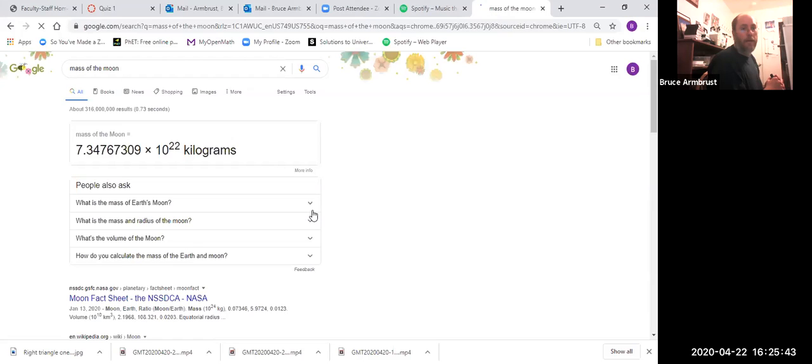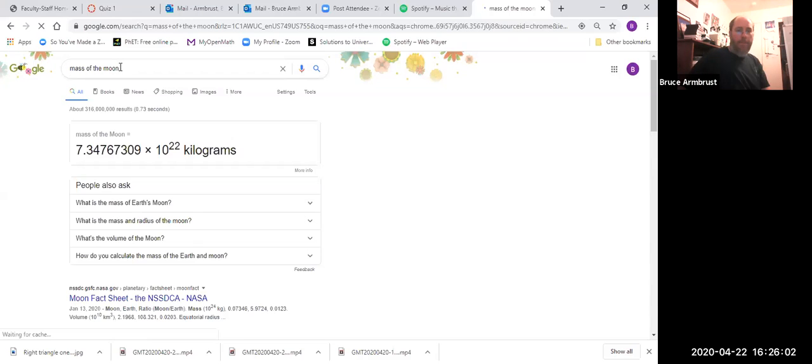Okay, so it's kind of big. It's 7.35 times 10 to the 22 kilograms. All right, so there's the mass of the moon.